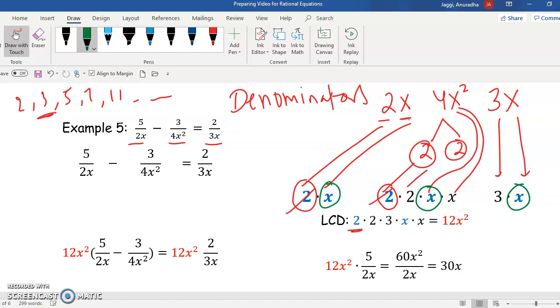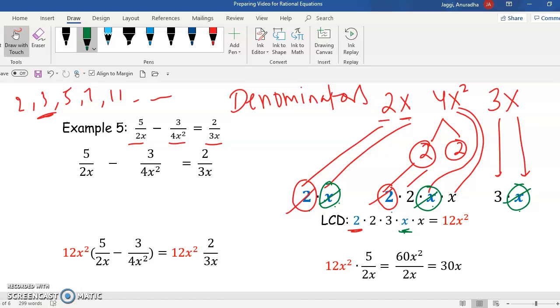You don't write these x's 3 times because we are already showing their presence here once. This presence takes care of all these 3 x's present in the denominator. Okay, next one, this is done, this is done, this 2 is done.